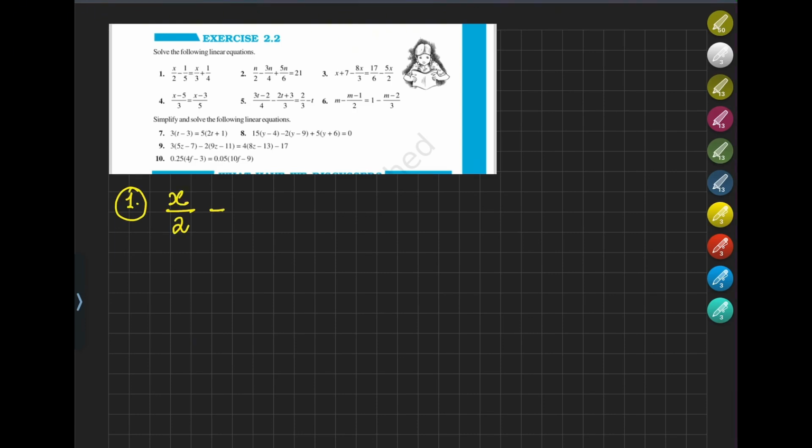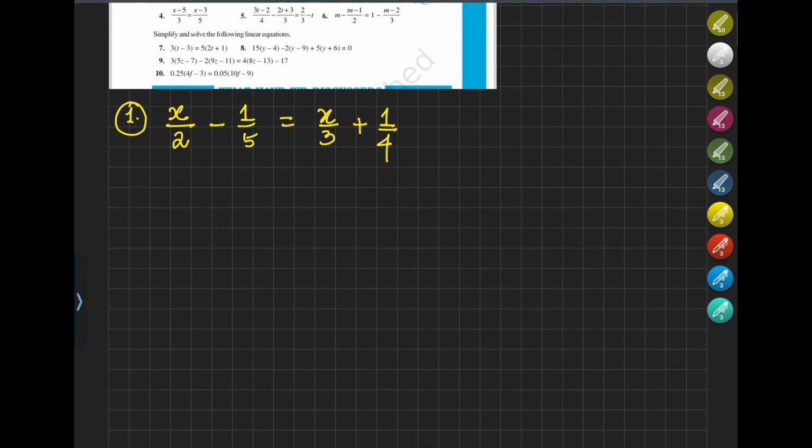So x by 2 minus x by 3 is equal to 1 by 4 plus 1 by 5.